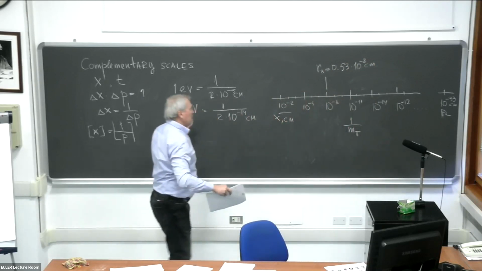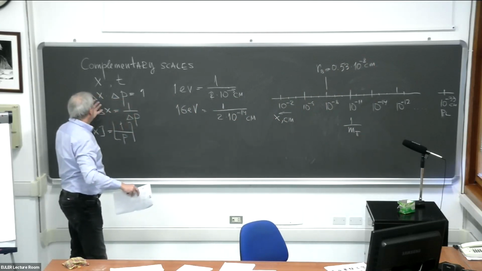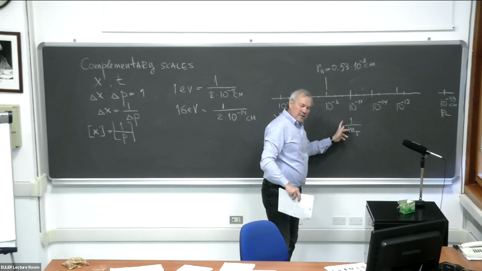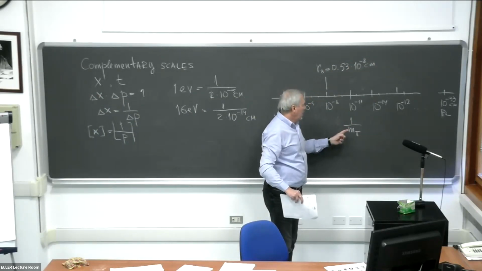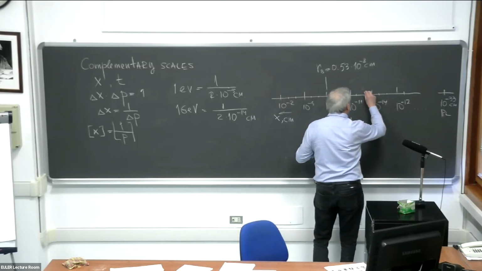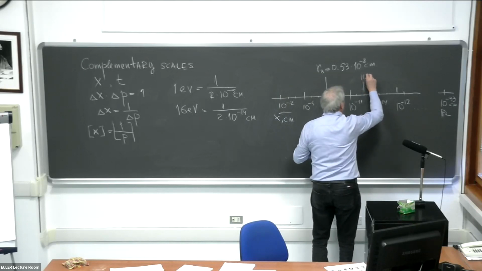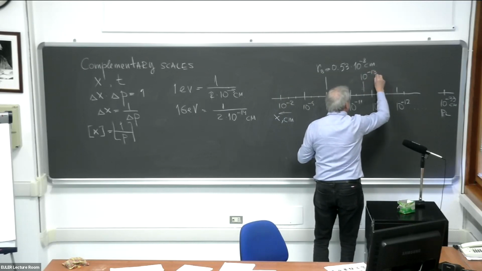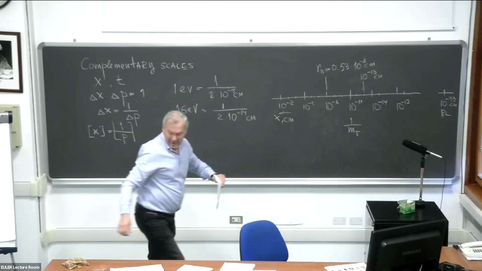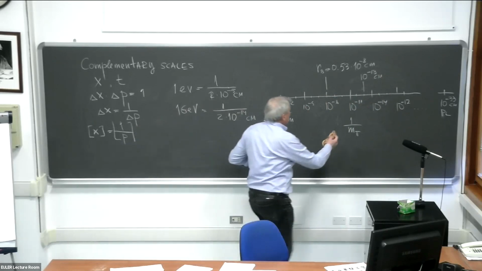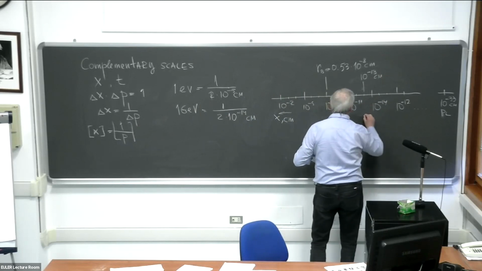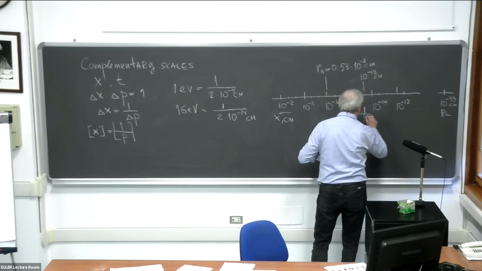And since we have this connection between energy and mass units and distance, we can identify some distance which is the inverse of the mass of the pion. And this is 10⁻¹³ centimeters. So maybe I should move the pion. So 10⁻¹³ centimeters, and this is the inverse mass of the pion.